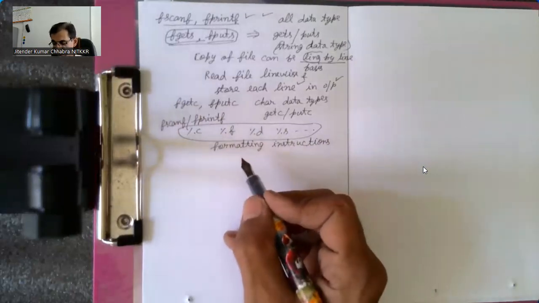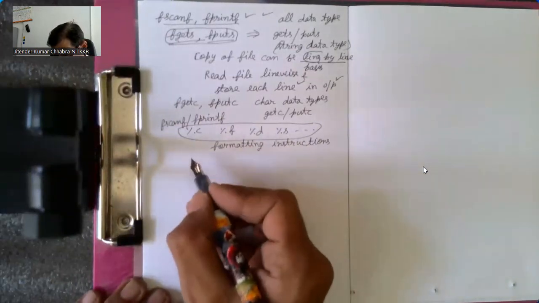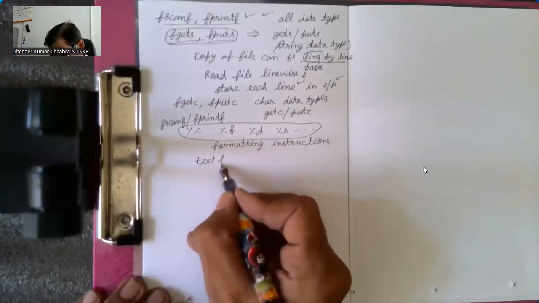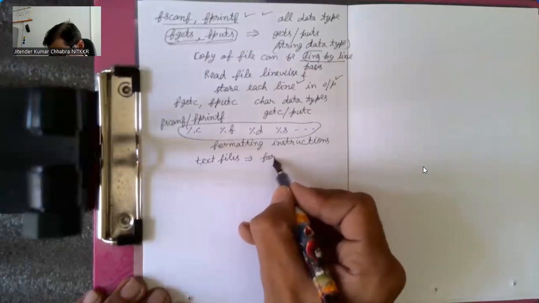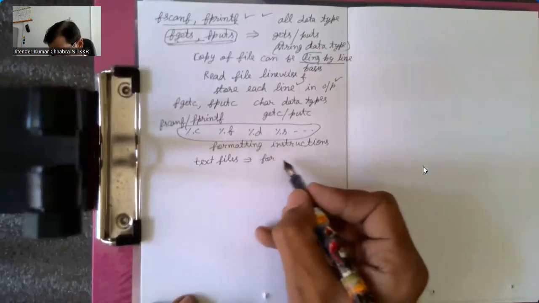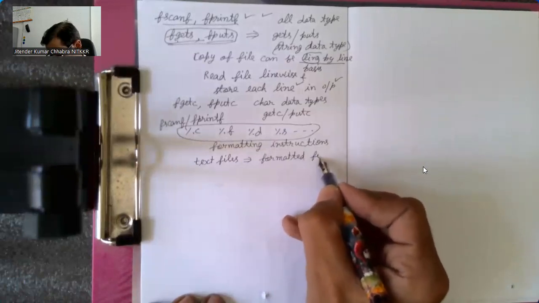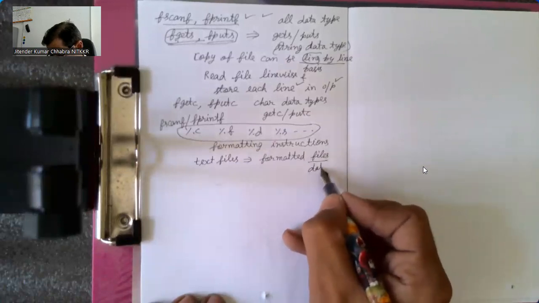Similarly, even all data types will be used with various formatting statements. In fact, whatever text files we are using till now are effectively called formatted files, because they store formatted data, or they have formatted data stored or read.